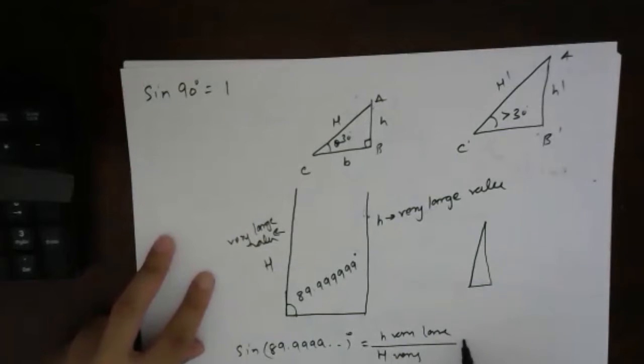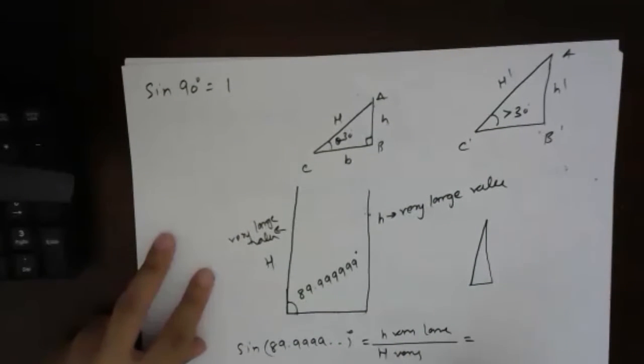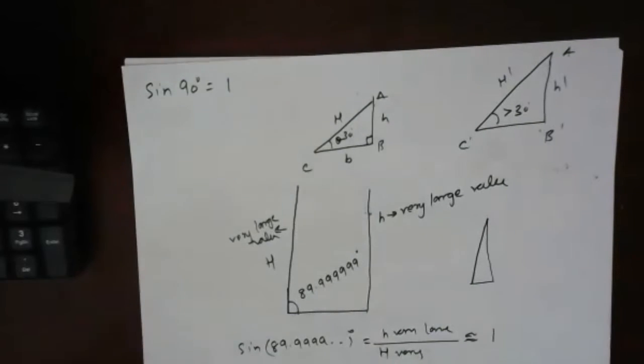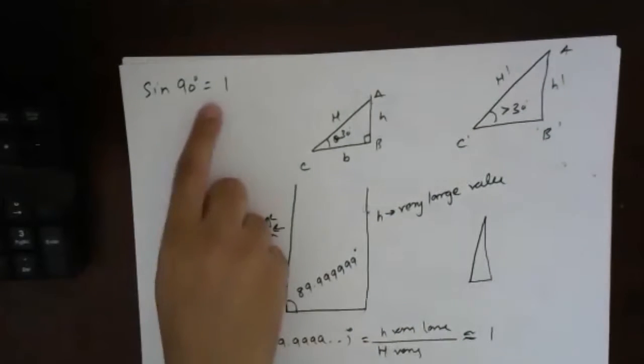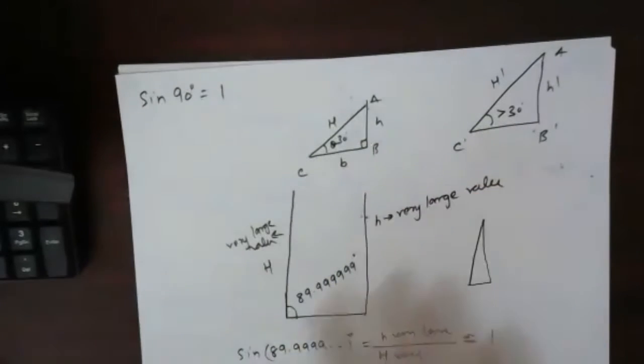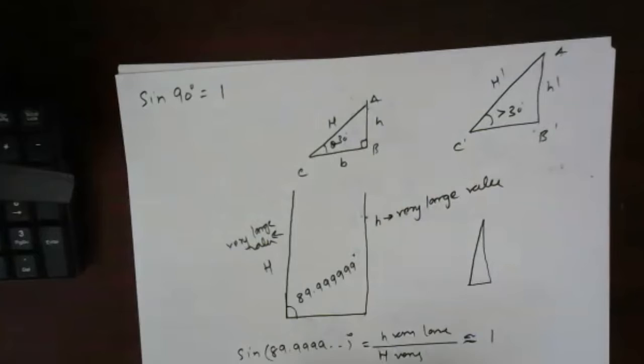So these two approximately become equal. These two are approximately very close. So the ratio approximately equals 1. This also everybody understood, sine 90. H is infinite, the hypotenuse. These values are very large, so approximately they are equal.